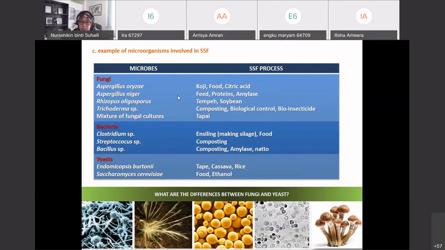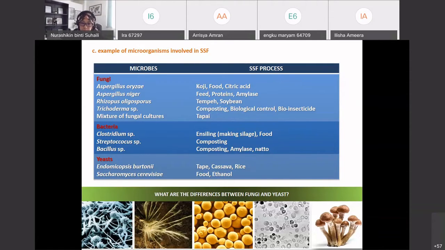What determines the type of the product is the type of the microorganism. Aspergillus oryzae is used for making koji. Koji is a Japanese food, and it is also used for making citric acid. And then Aspergillus niger for production of feed, proteins, amylase. It depends sometimes. Some of the microorganisms can be genetically modified. It carries a certain gene of interest and it produces a certain product of interest, okay?